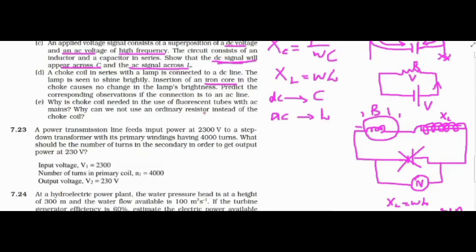Okay, so you can see when the iron rod is inserted and the AC is connected, the brightness of the bulb decreases because inductance increases, impedance increases, current decreases. While in the case of DC, you cannot observe any change because XL is 0 for DC.